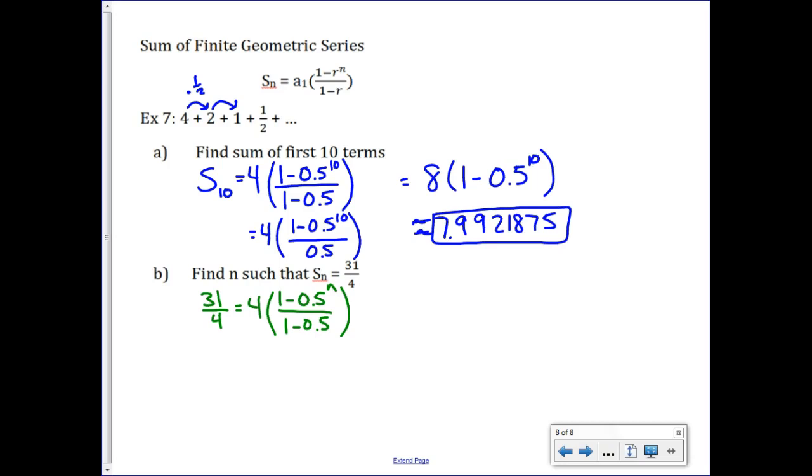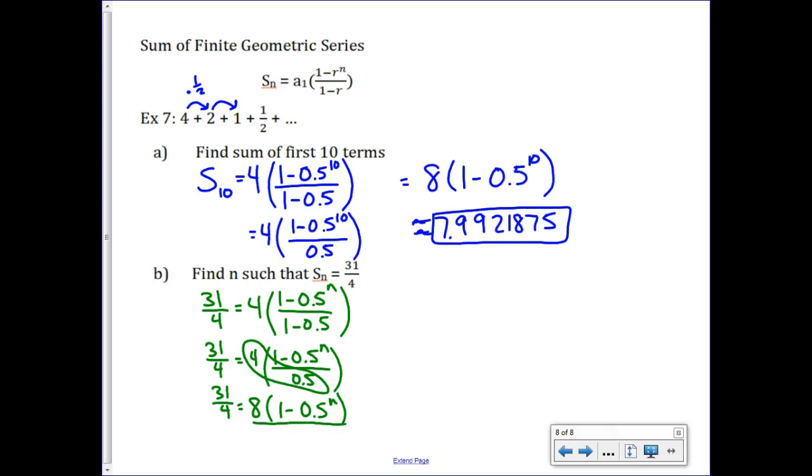So let's see what we can do here. I'm going to go ahead and say this 31 over 4 is equal to 4 times 1 minus 0.5 to the nth power over 0.5. Just like I did before, 4 divided by 0.5, that's 8. So 31 over 4 is equal to 8 times 1 minus 0.5 to the nth power.